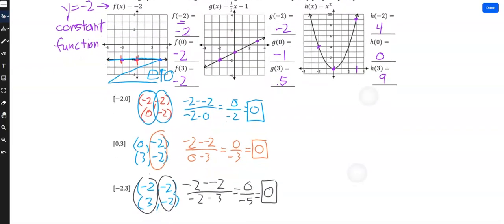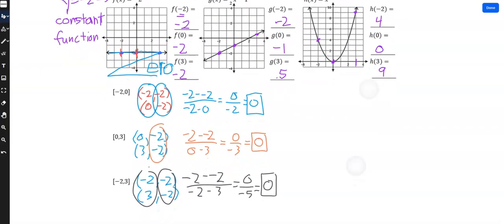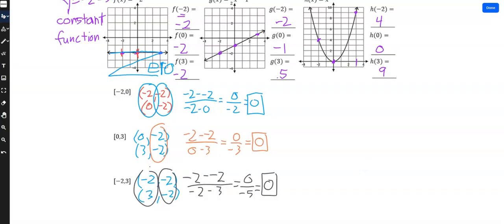Now, I did not leave enough room to do this again. Okay, pause if you need to pause. I'm going to erase some of this and give myself some room to redo this for the middle ones. And I'll have to zoom in because I'm obviously writing too big.